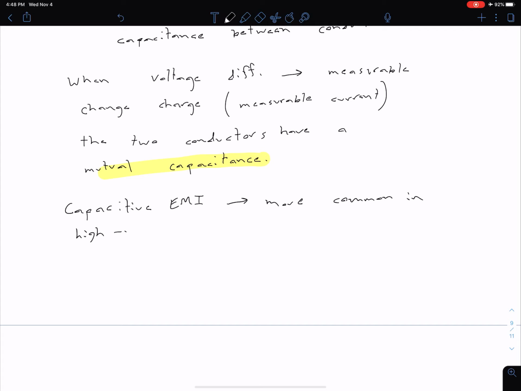One common example where we would use high impedance circuits is if we're doing low level measurements. So if we're trying to measure really low currents, we would have a high impedance circuit.